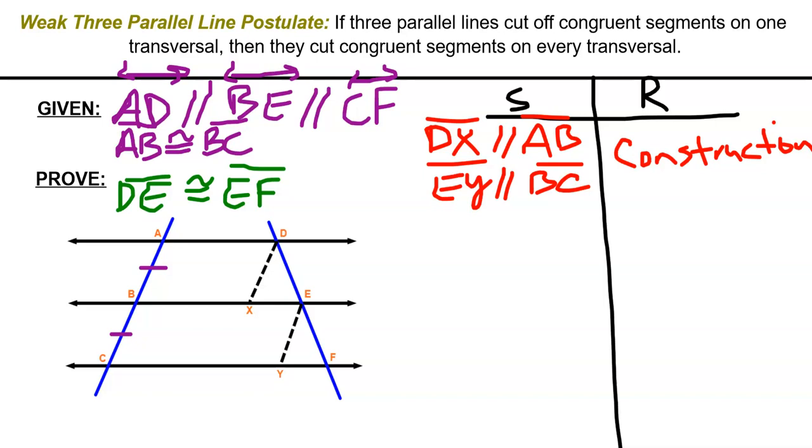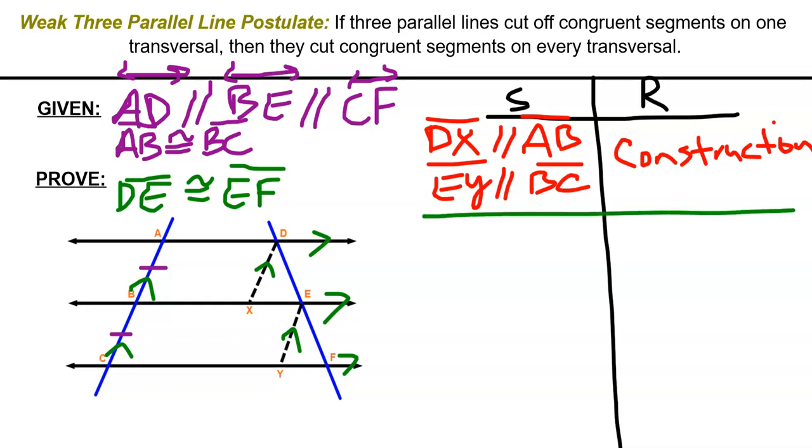Well, now we have two new quadrilaterals that we've created, ABDX, or ABXD, and BCYE, that have two sets of parallel sides. We know that AD, BE, and CF are all parallel, and we know that AB and DX are parallel, and we know that BC and EY are parallel. So what does that mean? Our two quadrilaterals that we've just created are parallelograms by the definition of a parallelogram.